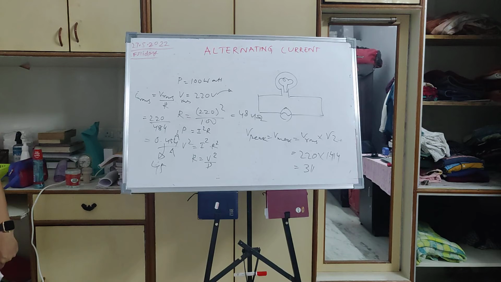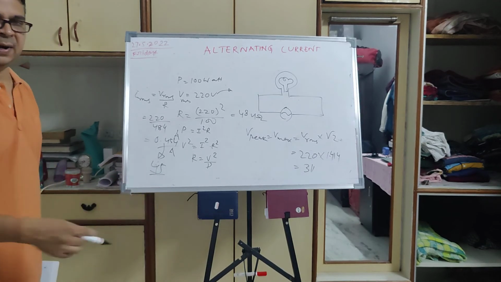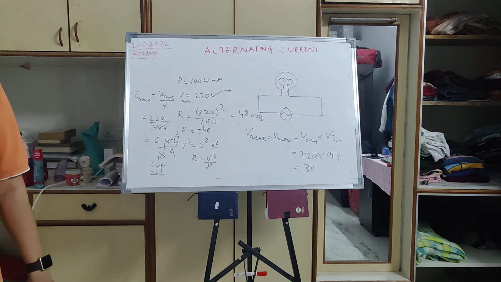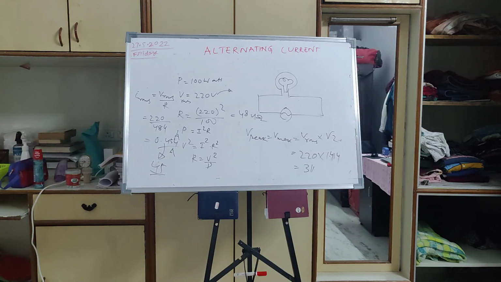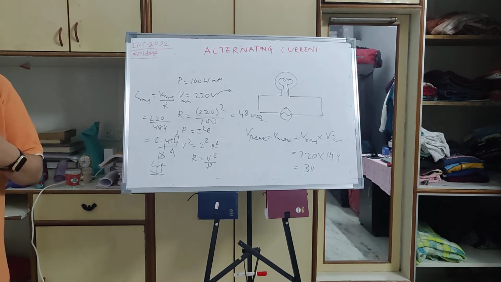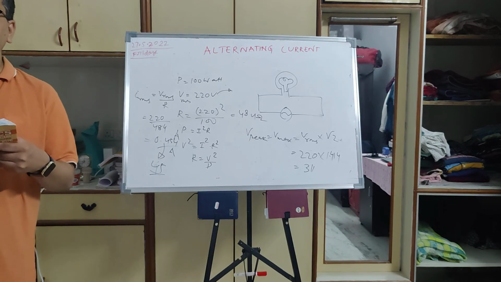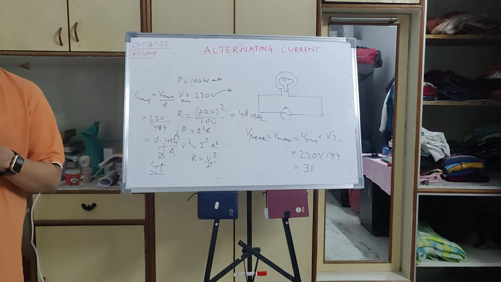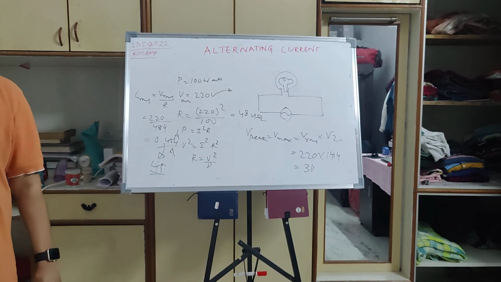If your battery is of 45 ampere hour capacity, then 100 bulbs will glow for 1 hour. Depending on the amperage, you can think about how long your battery is going to last. So two things: one is wattage, one is ampere hour.